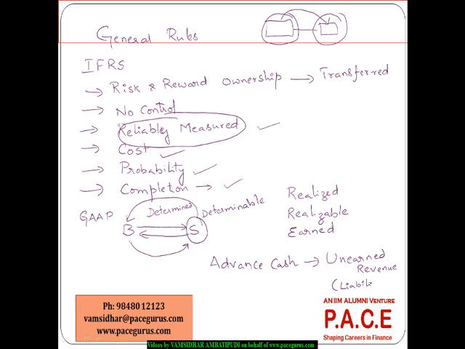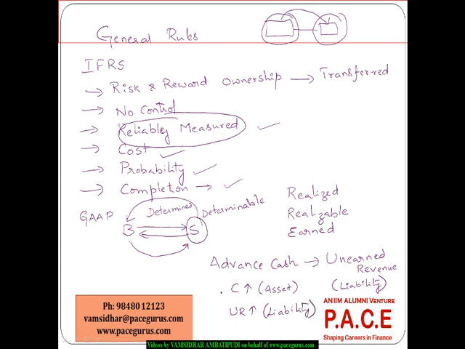So as per the accounting transaction, the cash, which is an asset, is going to go up, and unearned revenue, which is a part of the liability, is going to go up by that extent.